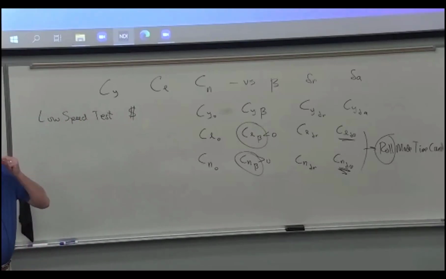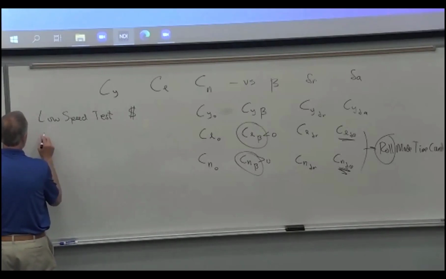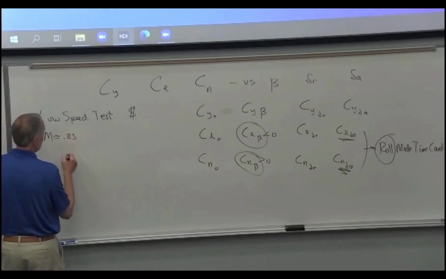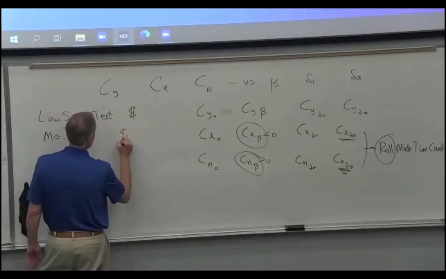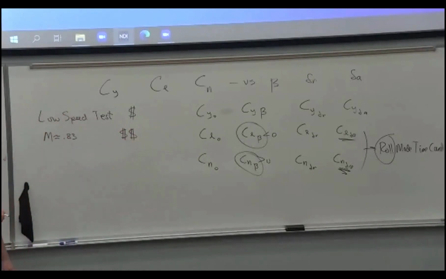Or if that breaks, you have to go to the Beach wind tunnel, but it's still pretty cheap. But then if you want to fly near Mach 1, let's say you want to fly at Mach 0.83, you're developing a biz jet where you want to fly fast, then you've got to go into a transonic wind tunnel that can fly faster, and that costs more money.